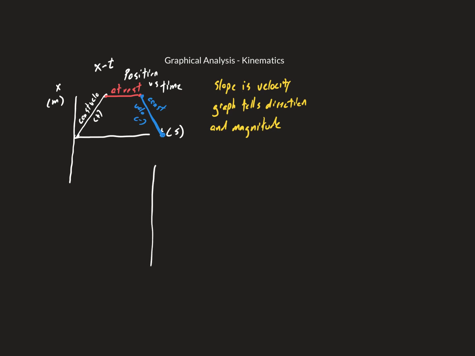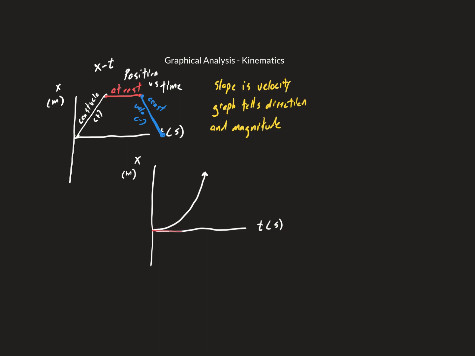Well, if I have a position versus time graph that is curvy, we talked a lot about this, right? Here are my axes, m and s for meters and seconds. If I have a curve going up, this means my object is going in the positive direction and getting faster. We talked a little bit about sketching the slopes at different points.